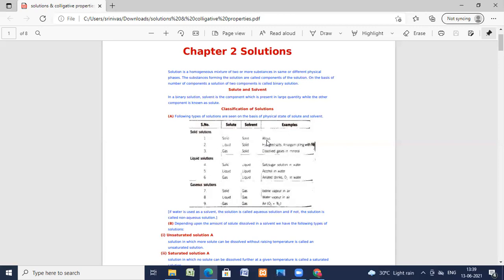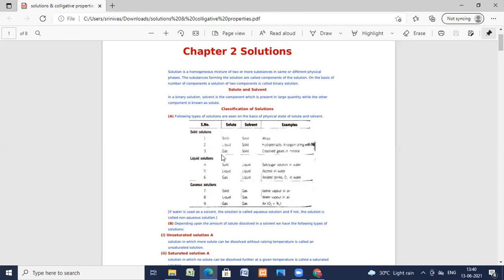Examples are alloys, nichrome, ornamental gold. The second type is liquid in solid. Hydrated salts and amalgam of mercury are examples. So the lesser one is a liquid and the larger one is a solid.